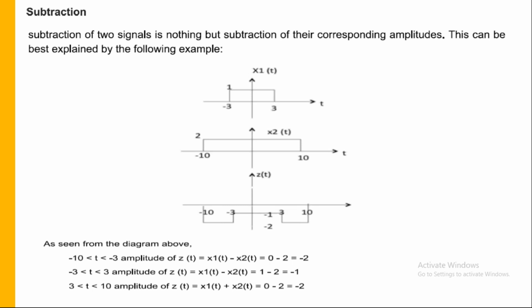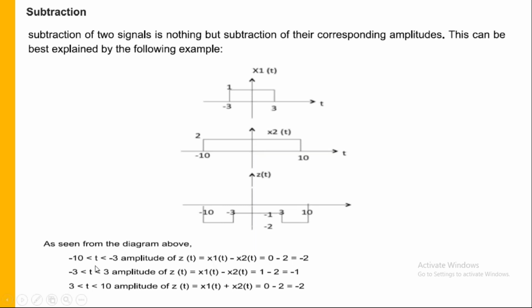That means you rotate it along the vertical direction. When you rotate it like this, then it becomes minus x2 of t. Then you need to plot the graph of z of t, x1 of t minus x2 of t.